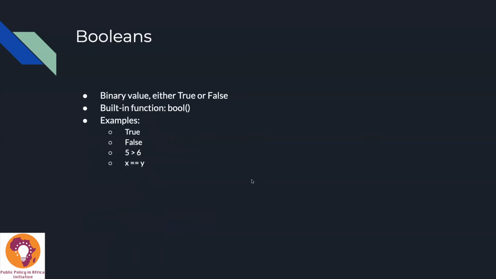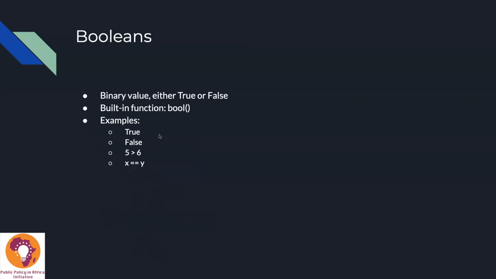All right, so the next core data type is a Boolean. Booleans are binary values, binary meaning they can only have one of two values. In this case, it's either true or false. The built-in function is bool, and there are a number of examples of Booleans. Of course there's True, note the capital T here, and False, note the capital F. If you try to type out lowercase true or lowercase false, you're going to see some errors saying true isn't defined, and it should be a built-in value, right?